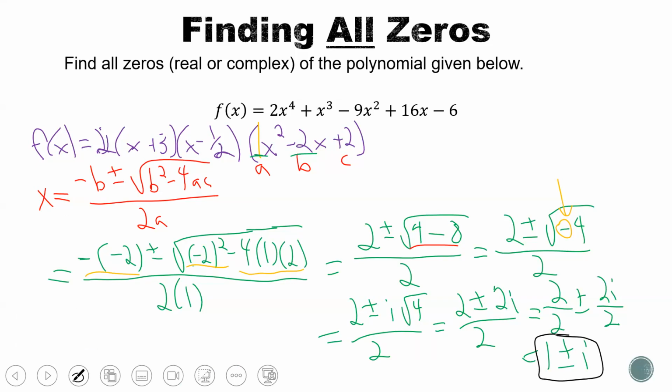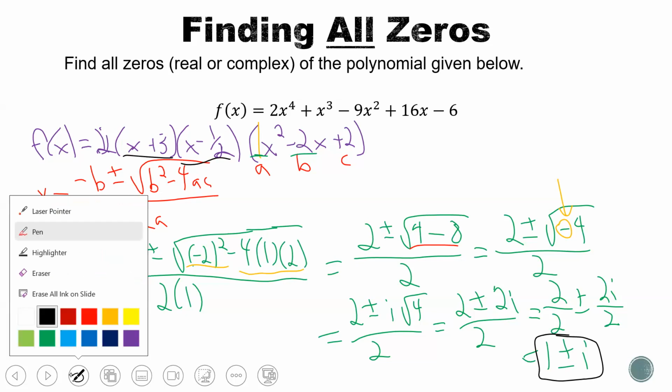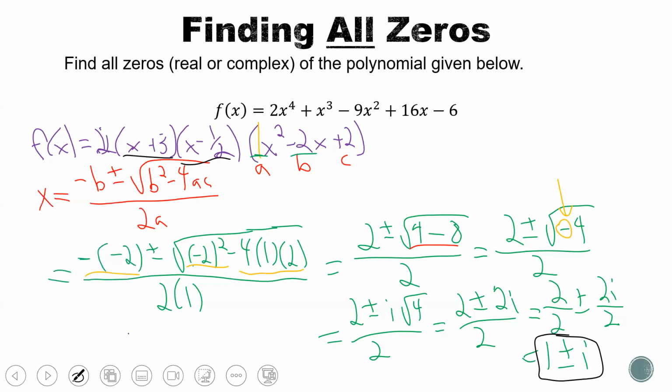So now, using those together with the factors we have up here, that x plus 3 and x minus 1/2, we finally have our answers here, that the zeros of this function occur where x equals negative 3, x equals positive 1/2, 1 plus i, and 1 minus i.